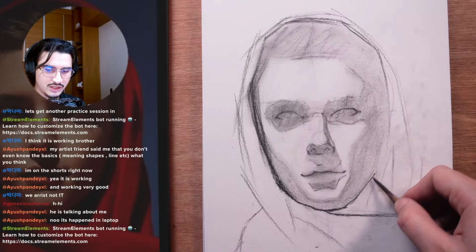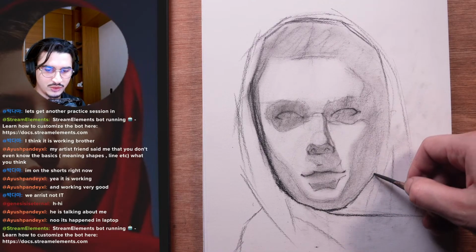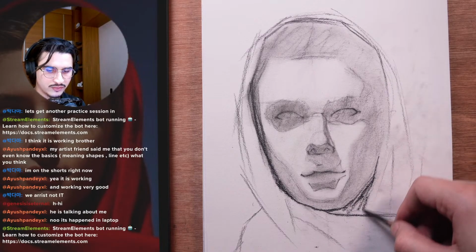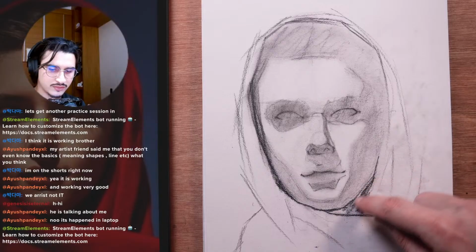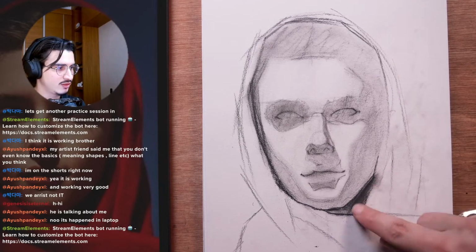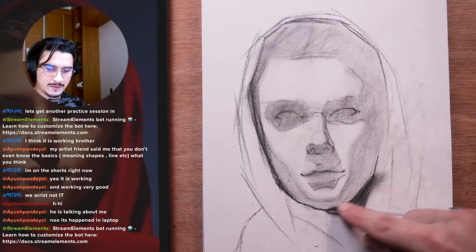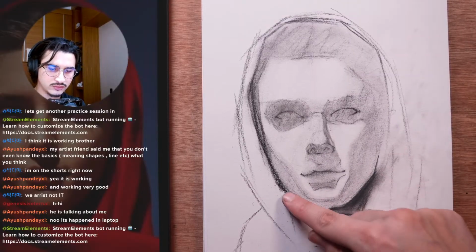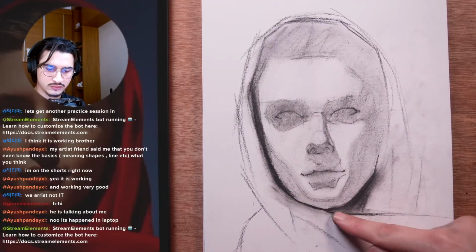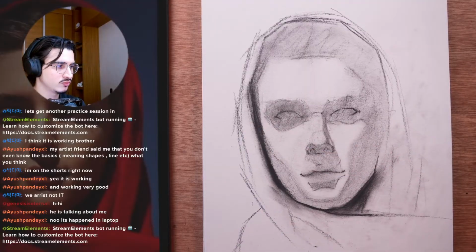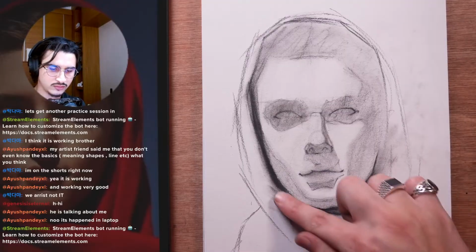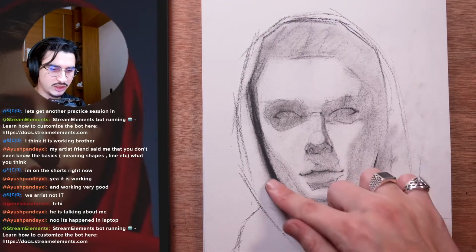He is actually a genius who can draw and just pretends otherwise. Well, Ayush, you are the detective.